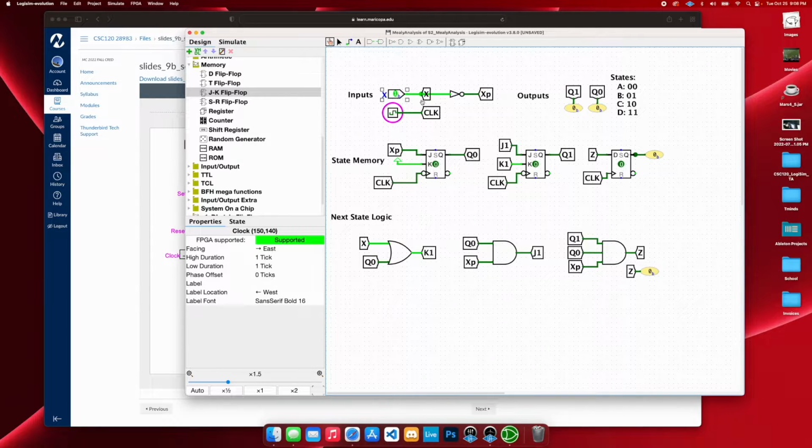But for a Moore machine, the output only changes based on the current states, Q1 and Q0, and does not depend on any inputs like we have up here. So if this were a Moore machine, we would probably have to cycle through all states before being able to return to A. Whereas in this Mealy machine, we can cycle to any state and return back to the starting state just by having an input set to 1.